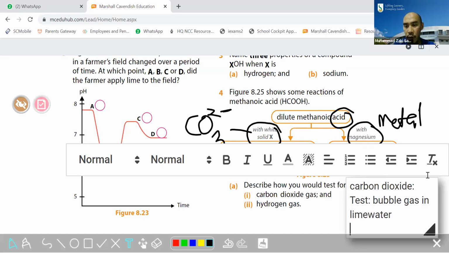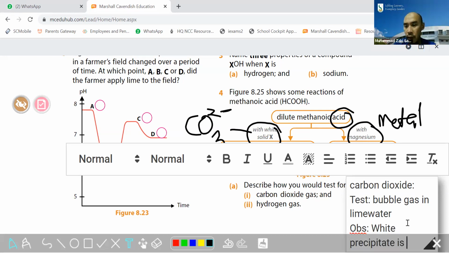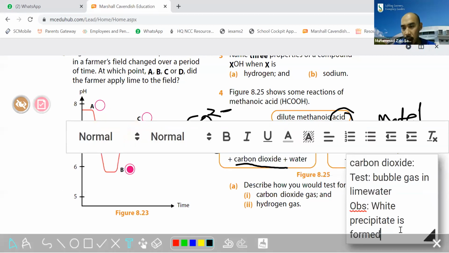So what's the observation? A white precipitate forms. I hope you can see. Just remember, a white precipitate forms.